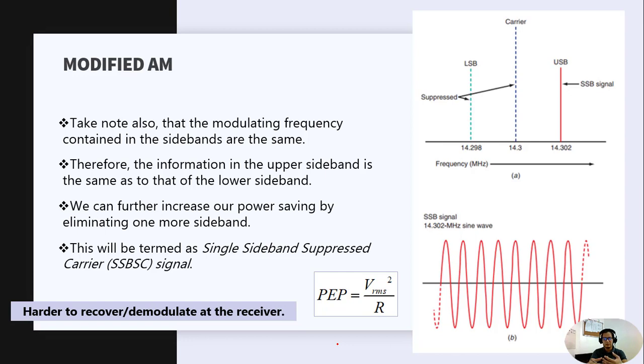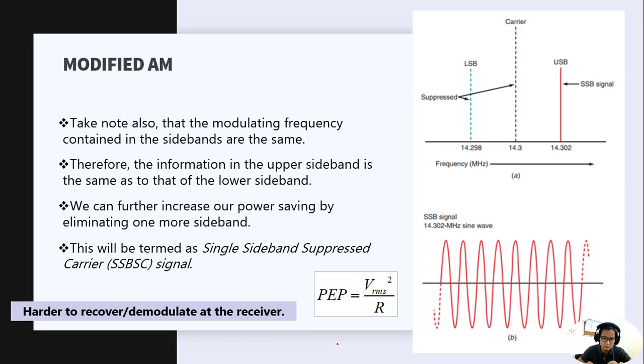Kasi ang susunod na magiging problem naman natin doon is the phase ng ating signal. Yes, madidemodulate siya, but we will be using a complicated circuit. So may mga additional circuit tayong gagamitin. And if that's the scenario, then of course the cost will also be higher. Okay, so that's the pros and cons.